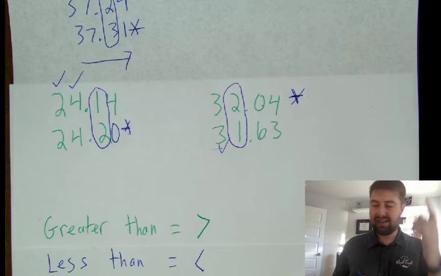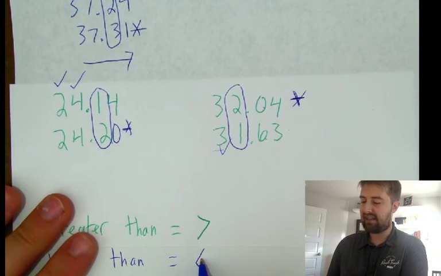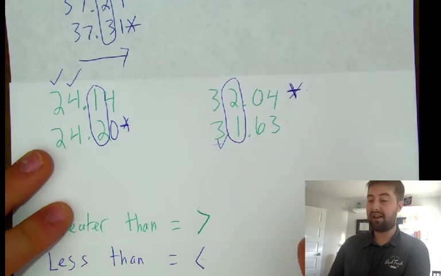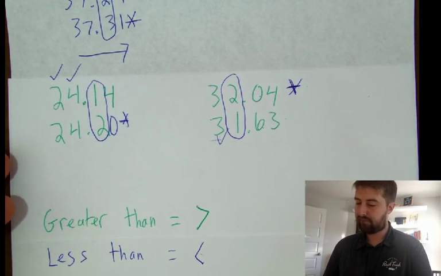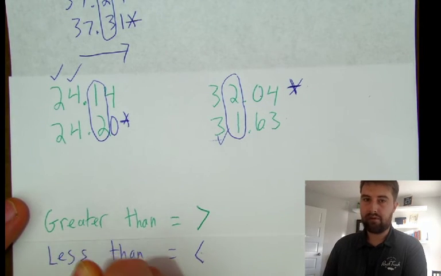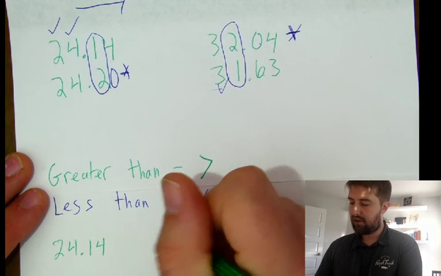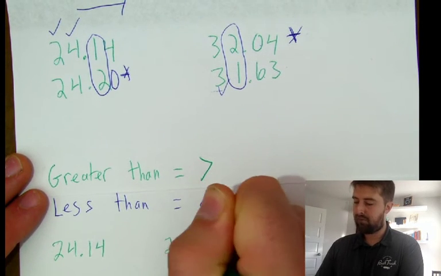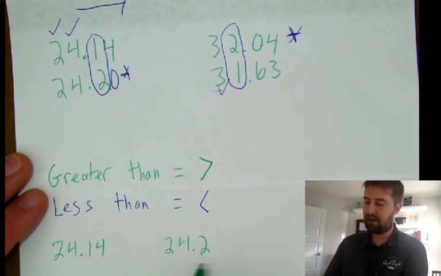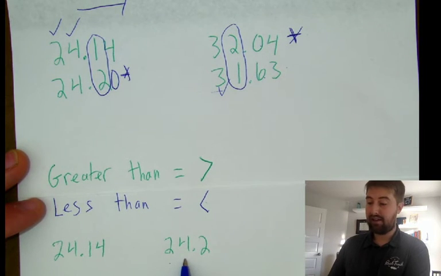A little trick I like to use is the sign is open or eating the bigger number. So if we had 24.14, I'll slide that up, and 24.2, we know that 24.2 is bigger. 24.14 is smaller.